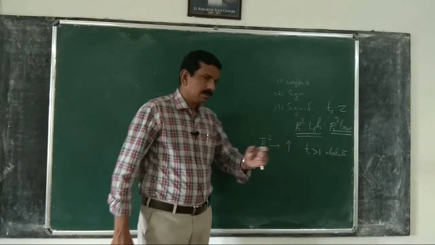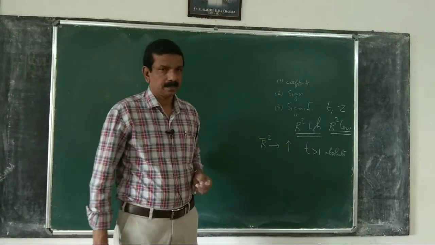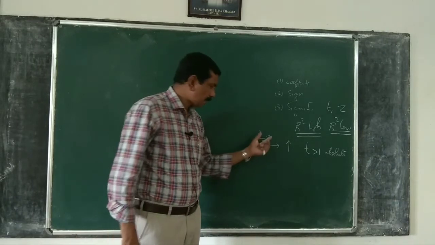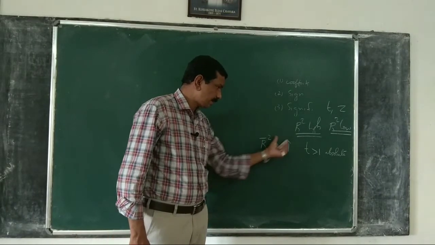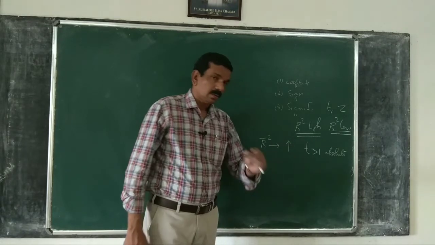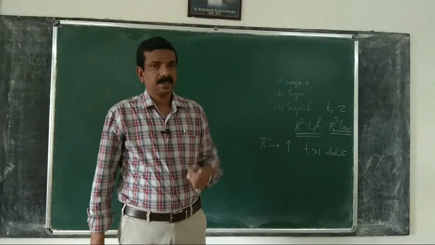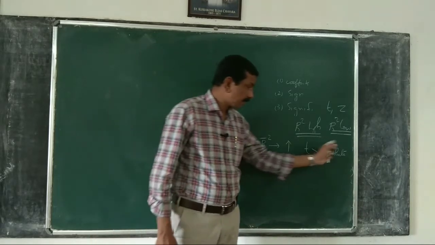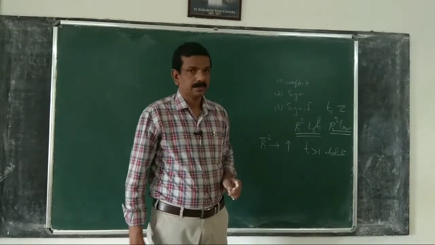That is, you introduce one more explanatory variable in the model, then R bar square will increase if and only if the absolute value of t of the coefficient of the additional variable is greater than 1.